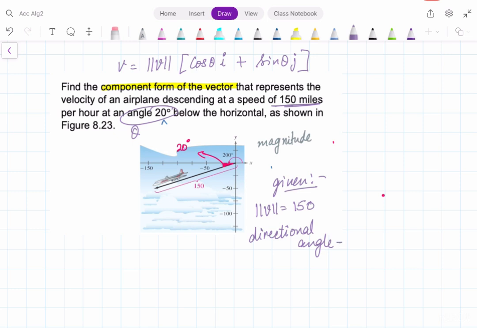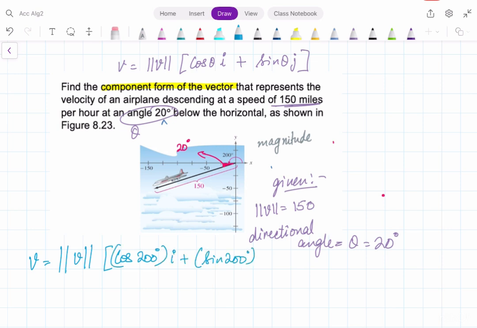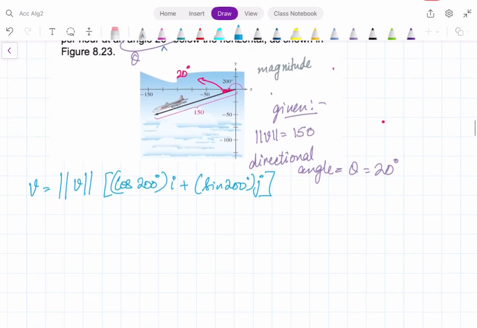We just have to compute it and put it in the equation to find the vector V. If I find the vector V, I will get the components of it, right? So we have magnitude of V and we are writing cos 20 degrees i plus sine 20 degrees, 200 degrees, not 20. Oh, it is 200 degrees.